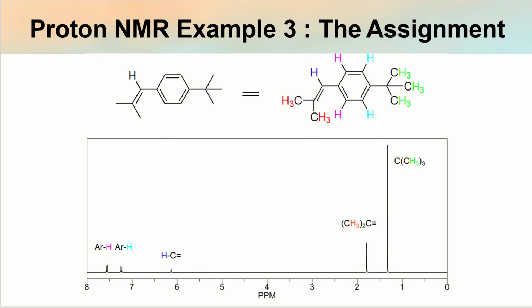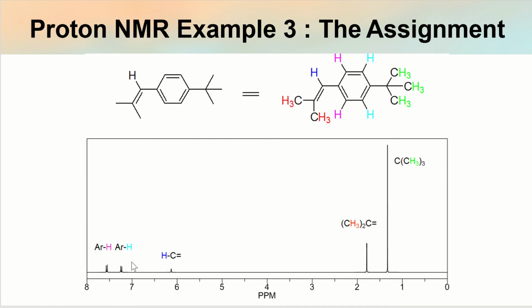And this is our assignment. So essentially, right, the methyls of the tert butyl portion would be the most shielded, right? And the methyls here as well would be shielded, relatively shielded, in the shielded portion.